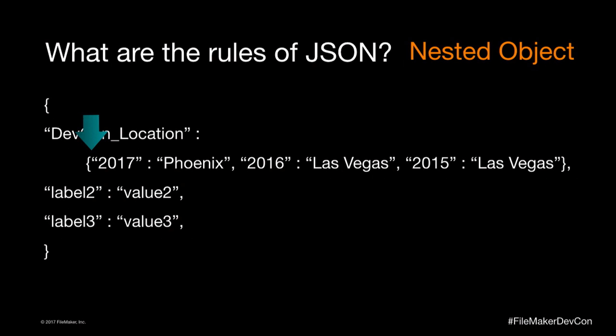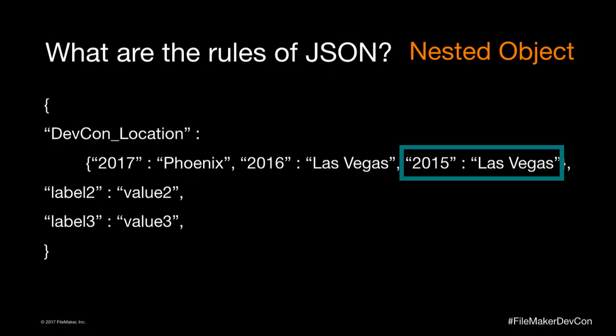So 2017 is the key, and the colon indicates the separator between the key and the value, and Phoenix is the value there. Right? So inside, again, that object separated by a comma, another pair of key and values, and then the third one the same way. So we have objects inside objects. So it can get fairly deep.